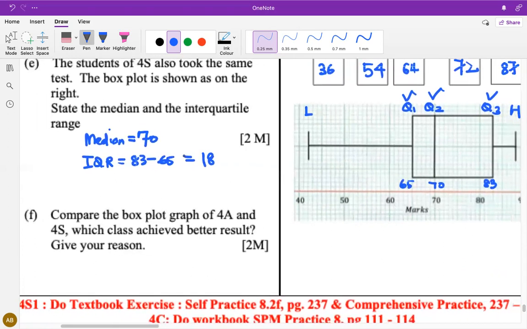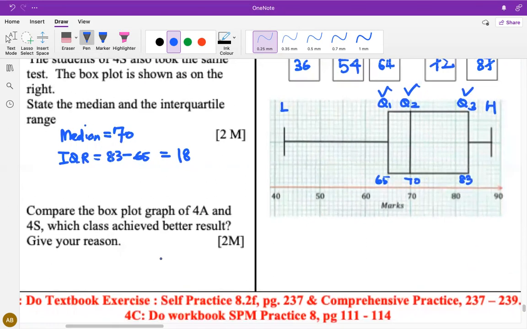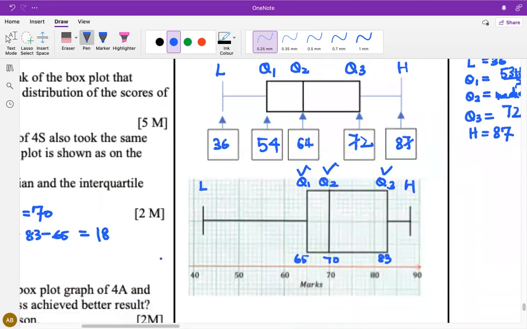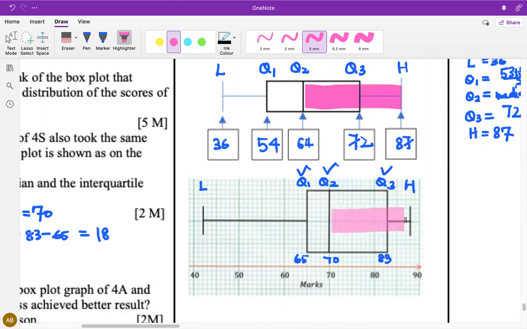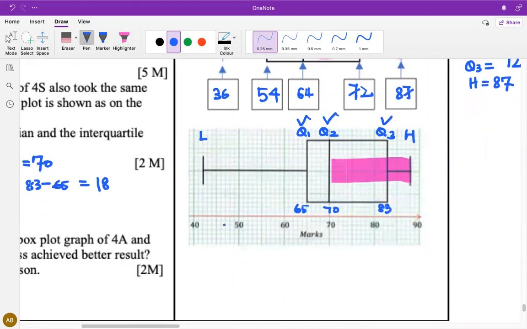So F: compare the two box plot graphs, 4A and 4S. Which class achieved better results? Give your reason. So you compare these two. We are looking at the 50%, and then the 50% here. So if you compare, 4A scored 50% more than 64 marks.